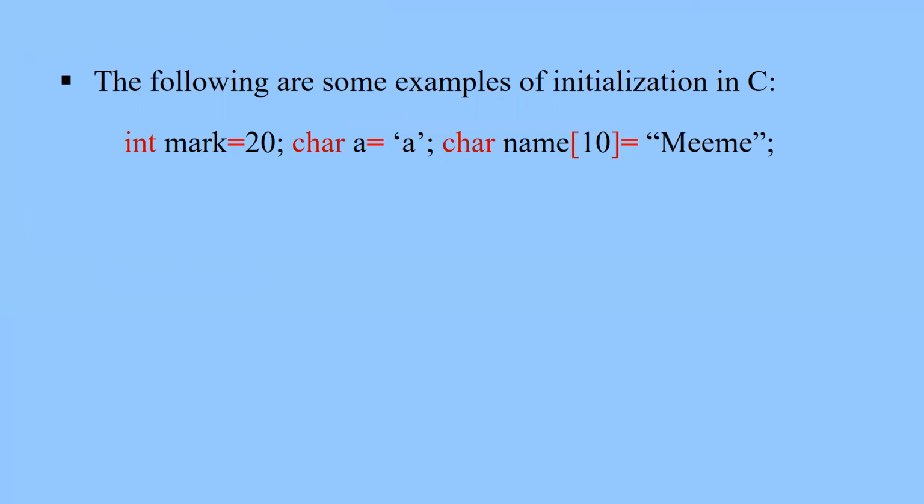This statement is a declaration statement, which is also initializing a value. So it is setting a memory location aside called mark that will hold a number without a decimal point, and then it is storing into it the value 20. So this is called initialization.